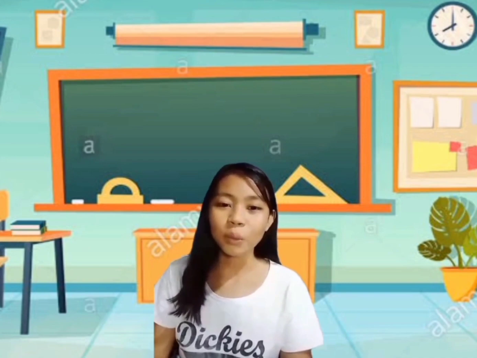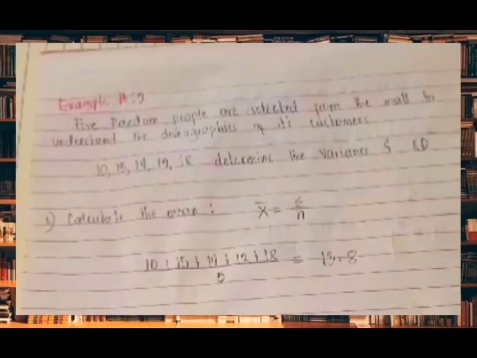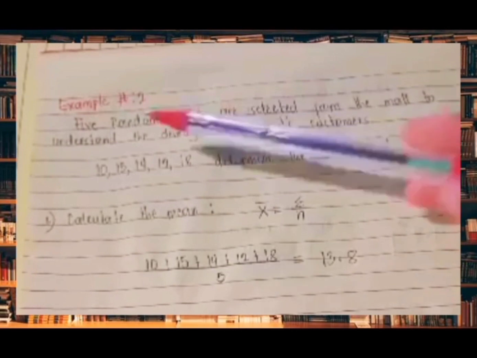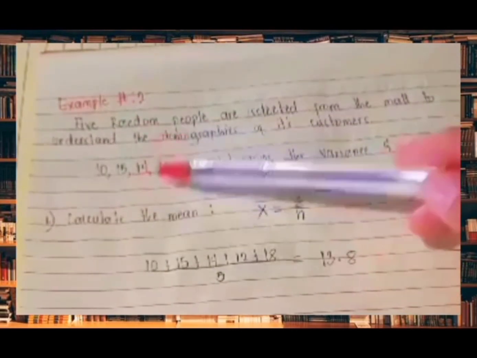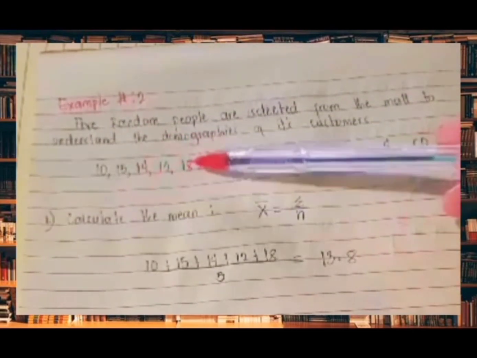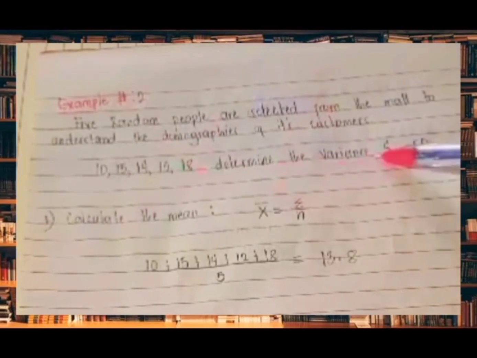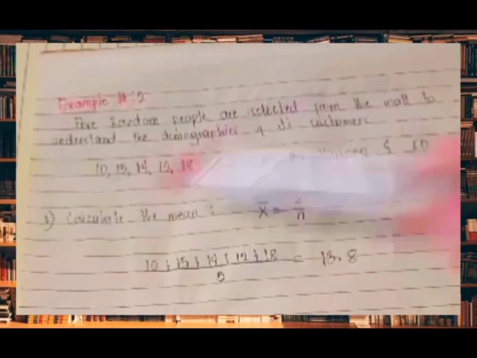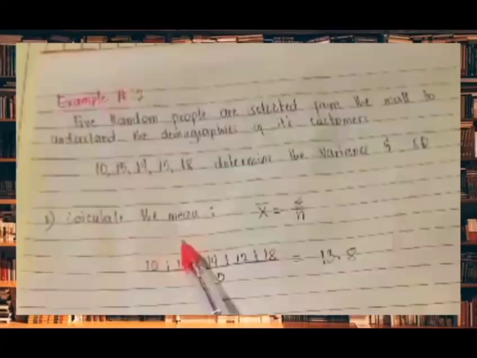Now, I am going to give an example. 5 random people are selected from the mall to understand the demographics of its customers. The given values are 10, 15, 14, 12, and 18. Determine the variance and standard deviation. First, calculate the mean.